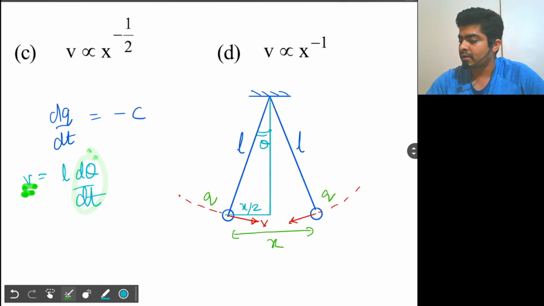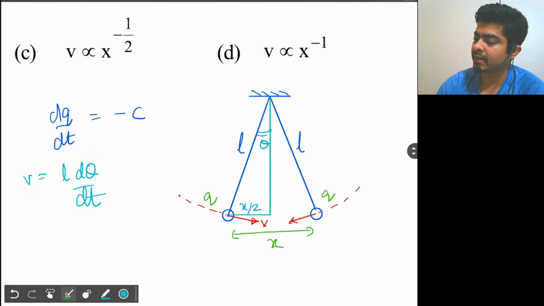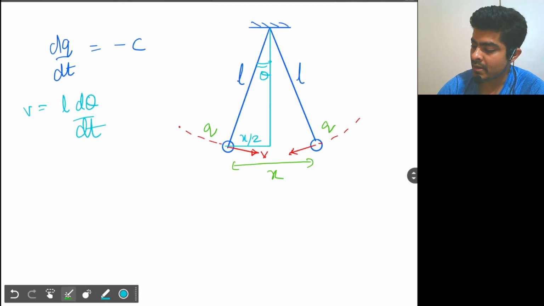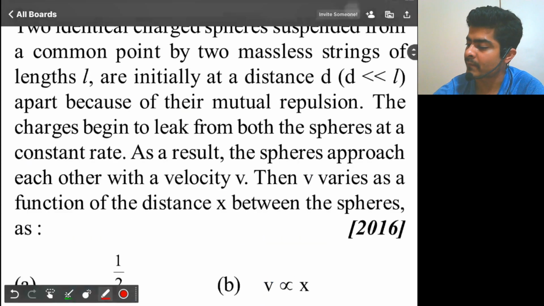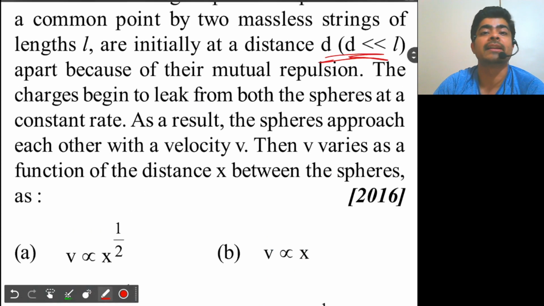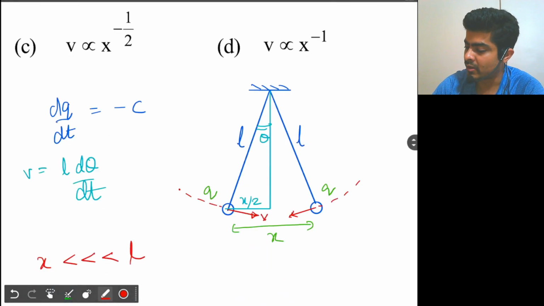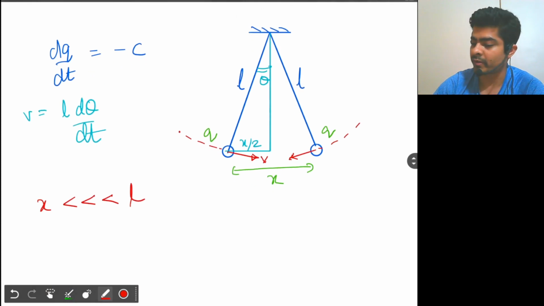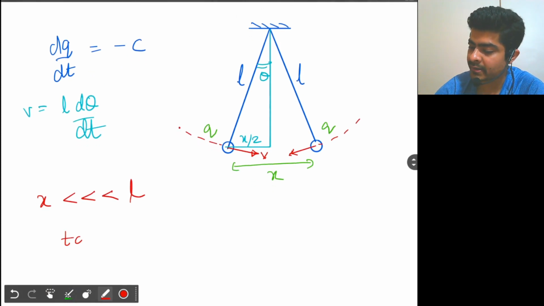Now, something that we need to use over here. x is given in the question to be very small. See, here it says d is much smaller than L, and d is the distance between the charges. So x is also the distance between the charges. So we can say that tan theta is, in this case, x by 2L.